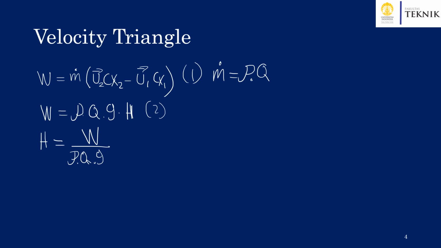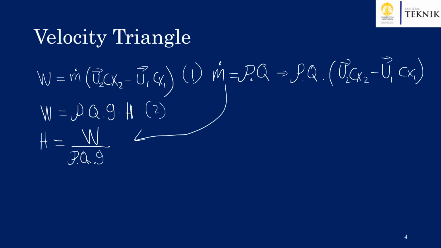So now let's perform some work on the first equation. We can write it down as rho Q multiplied by u2 Cx2 minus u1 Cx1, and then we can combine this with this equation.